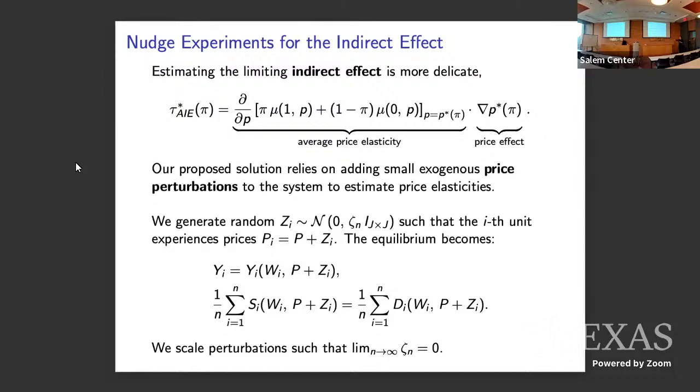So now your realized outcome is Yi, the potential outcome indexed by your treatment and market clearing prices P plus Zi, and P arises by clearing the market. These are small perturbations, so they hopefully shouldn't really affect any person's experience to first order.